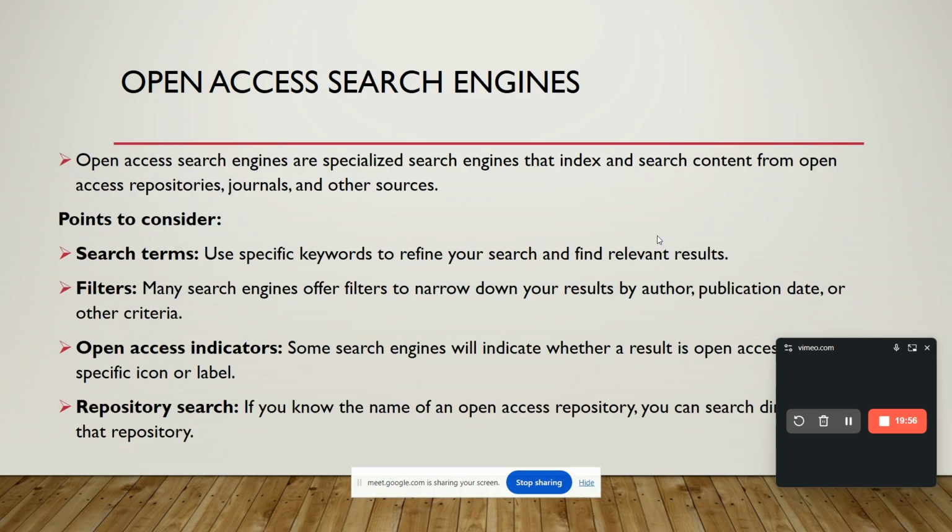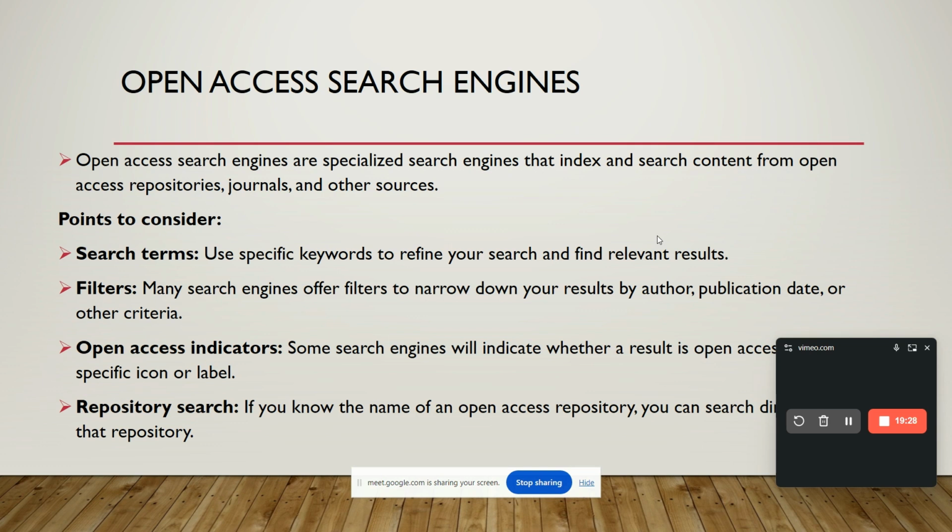And then we have also open access search engines. So a search engine is a specialized tool. Open access search engines index and search content from open access repositories, journals, and other sources.